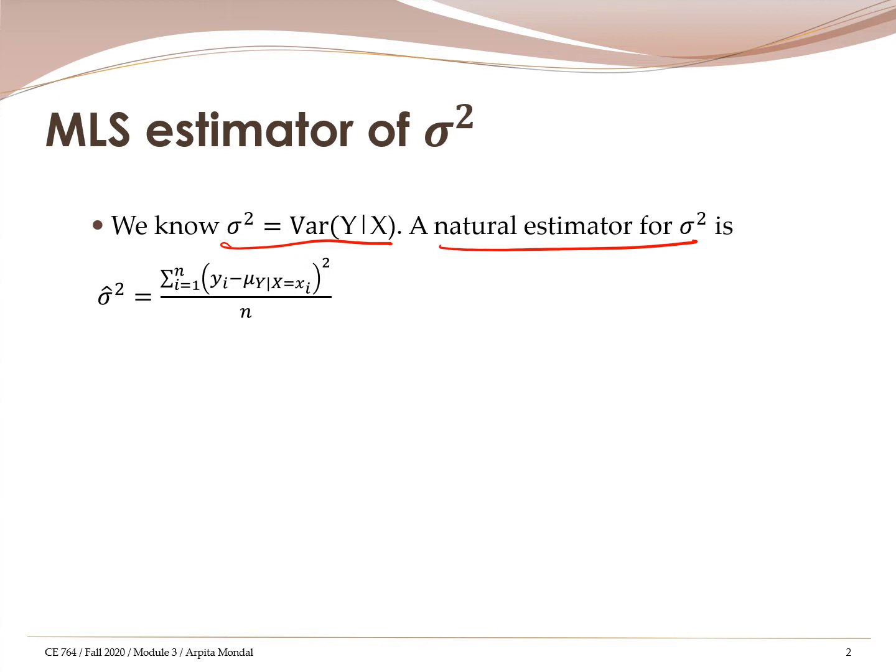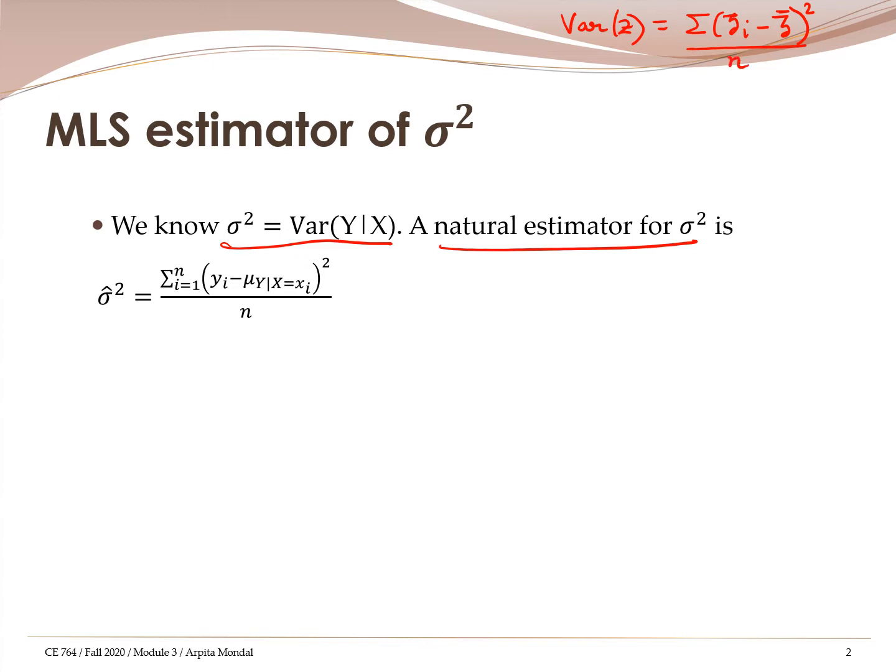If you recall from our definition of variance, the variance of any variable z is given by the summation of (zi minus z bar) whole square divided by n.